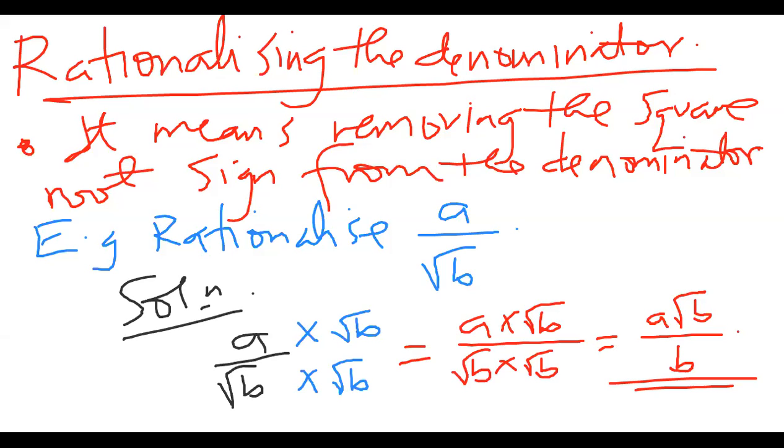In that final expression, we can see that there's no square root of B in the denominator, and that is what we call rationalizing the denominator.